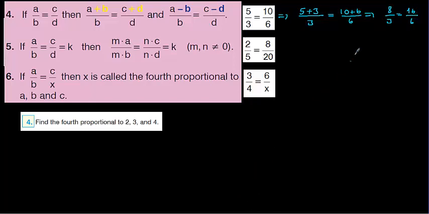If we check their cross products, 8 times 6 is equal to 16 times 3, so they are equal to each other. So we may add the denominator to the numerator, and it won't change the proportion.